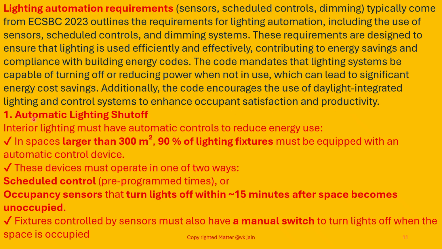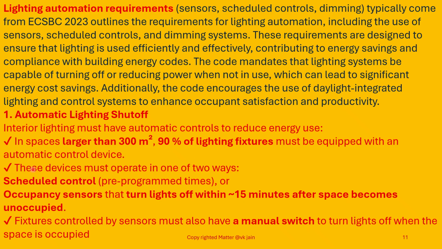The first measure is automatic lighting shut-off. Interior lighting must have an automatic control to reduce energy use. In spaces larger than 300 square meter, 90% of the lighting fixtures must be equipped with an automatic control device.